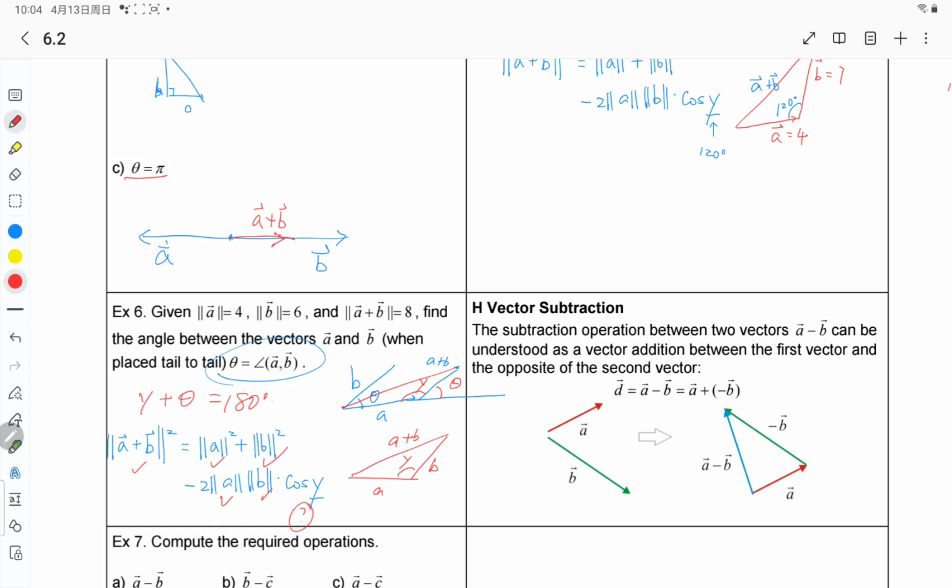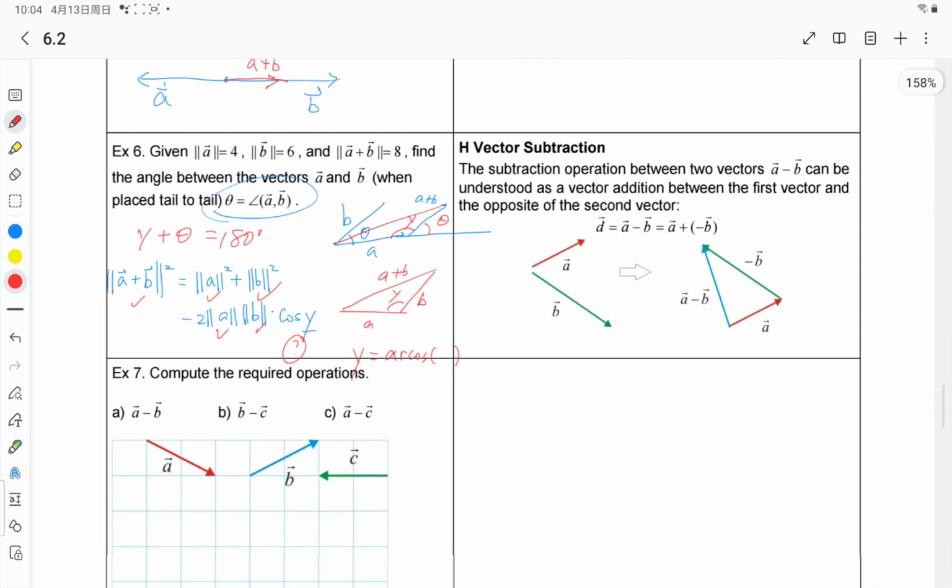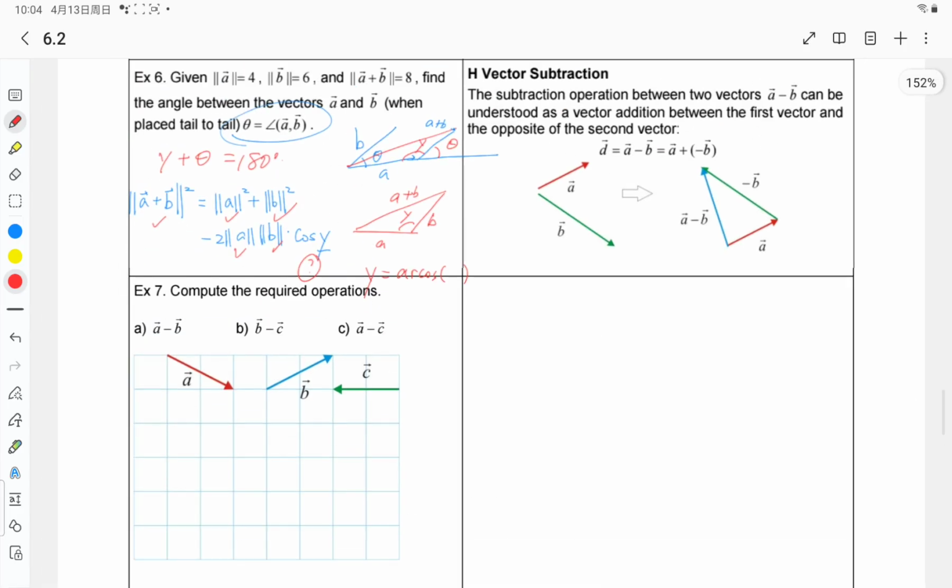Then gamma is the arc cosine of whatever value you calculated for cosine gamma, because arc cosine is the inverse function of cosine. As long as you have cosine gamma, you are able to calculate gamma.